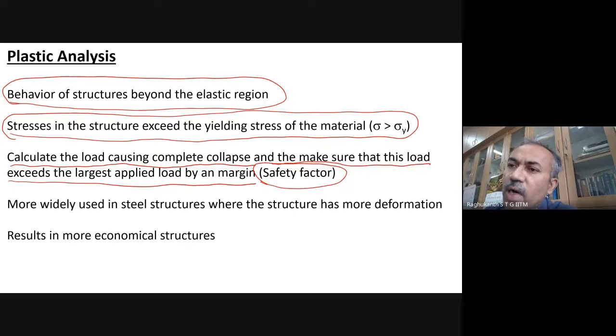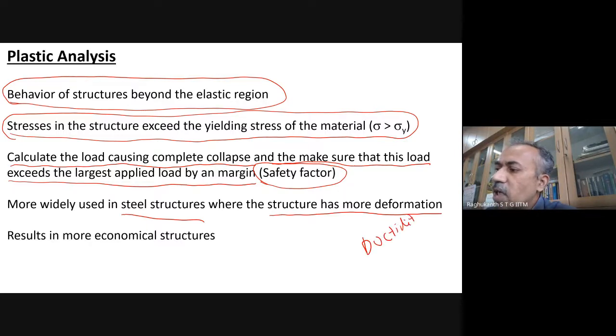And of course, as I already told you, this plastic analysis is very popular and routinely used in steel structures. The reason is that the structure can take more deformation, that is, the ductility is more. That is why plastic analysis is very important and advantageous for steel structures.